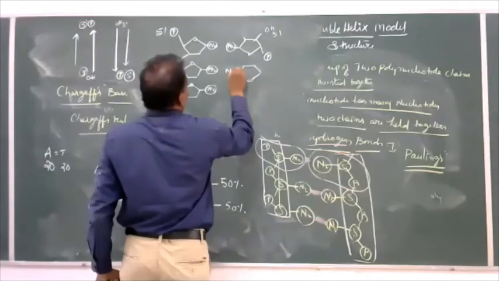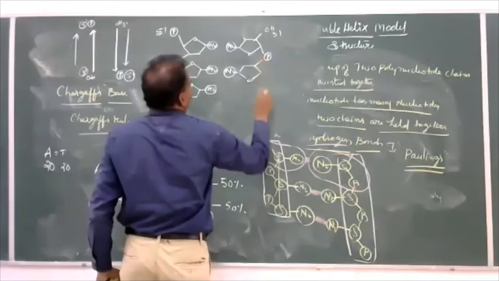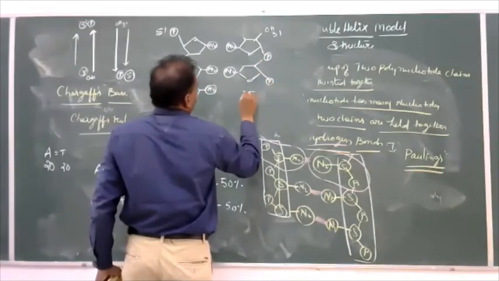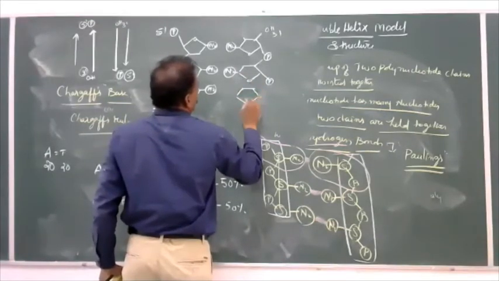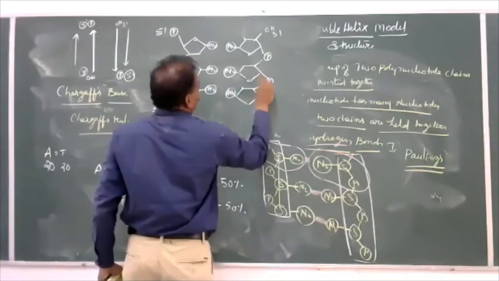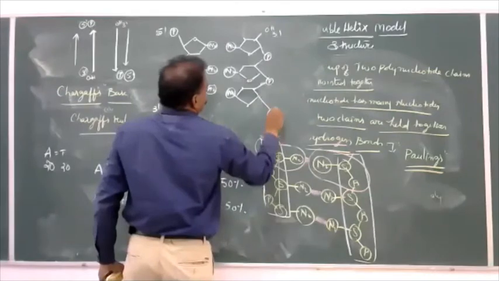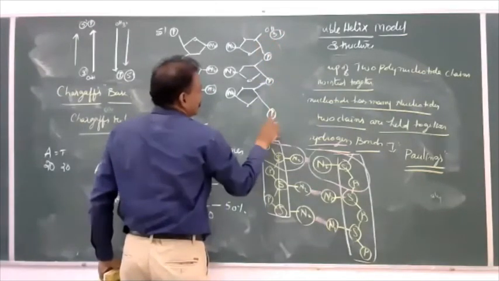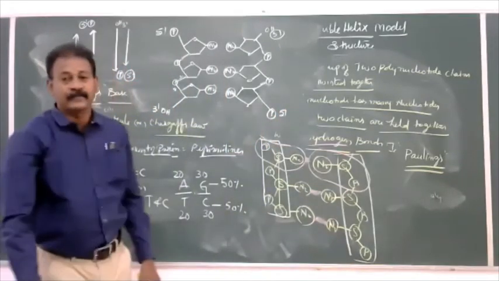First N2 base, second, third, phosphodiester bond. First N2 base, second, third, phosphodiester bond. So if this is the 3 prime end OH, the other end is always the 5 prime phosphate.